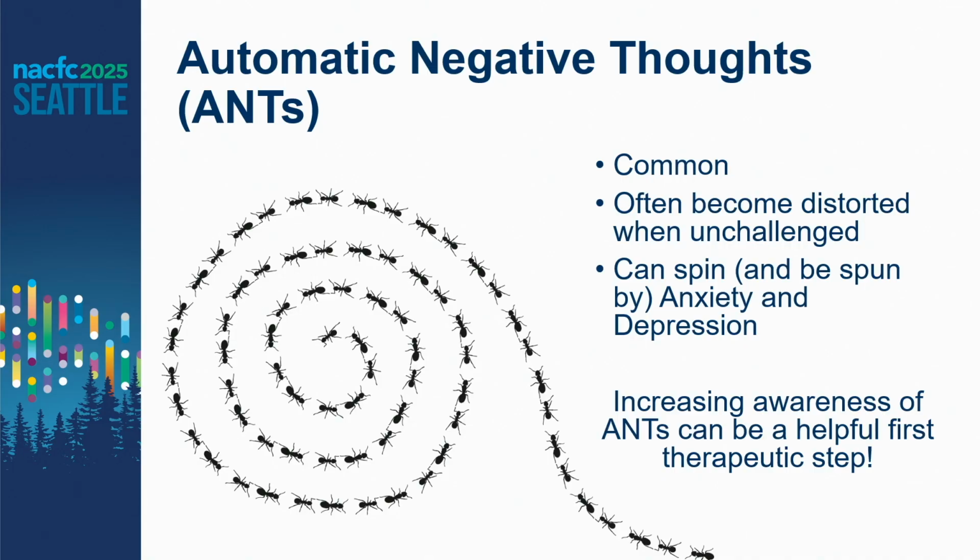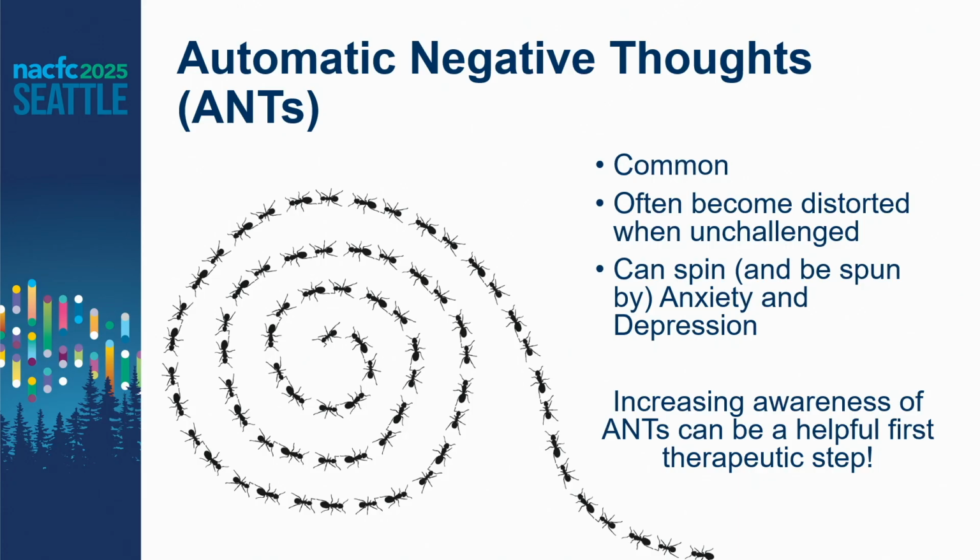The longer they sit around, the more distorted they become. They can become bigger than where that initial premise was. And we also have to remember that sometimes automatic negative thoughts have actually come from a real thing somewhere along their journey that, left unchallenged, became further distorted.